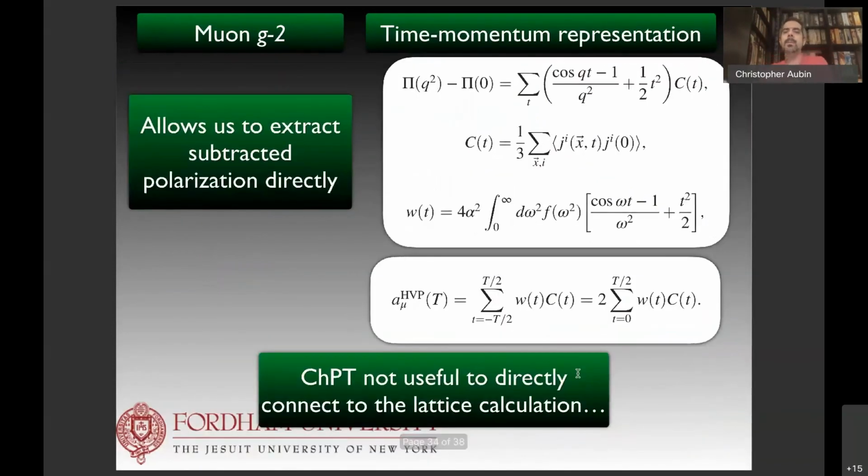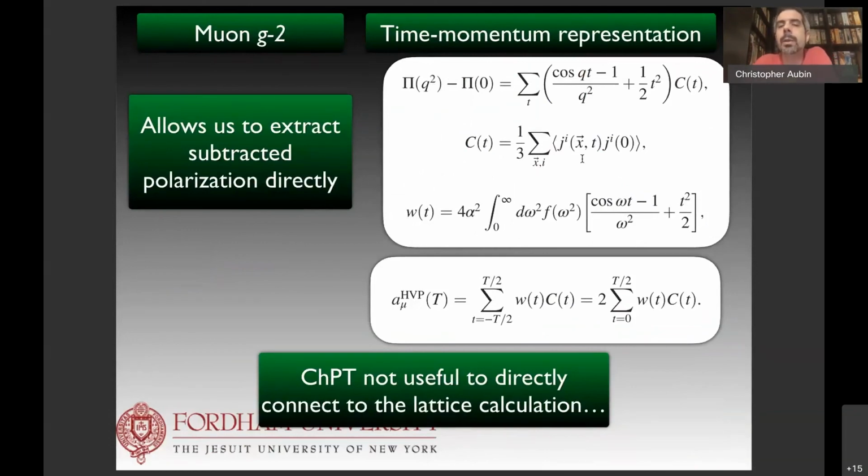Now, there's another more recent approach to understanding the muon g-2, which is called the time-momentum representation. What's nice about this is you can calculate this Pi, or at least this subtracted function, Pi(q²) minus Pi(0), more directly, using this correlator C(t), much like the correlators we've been fitting.